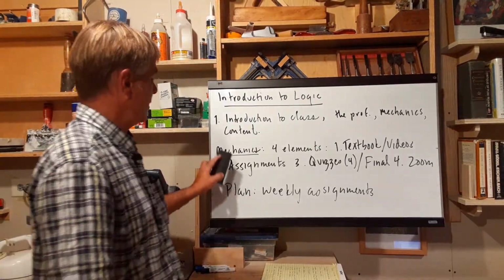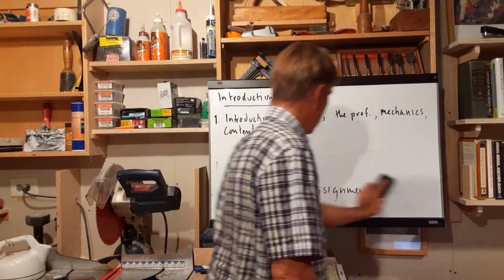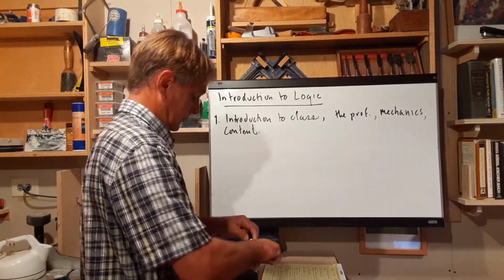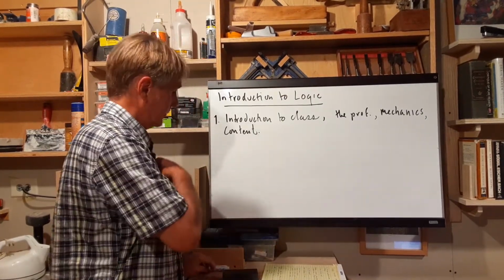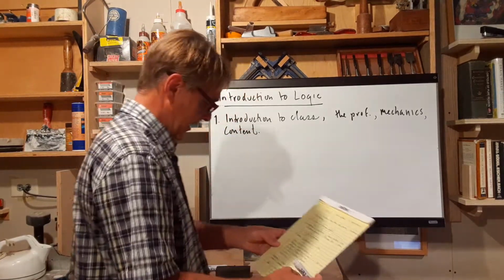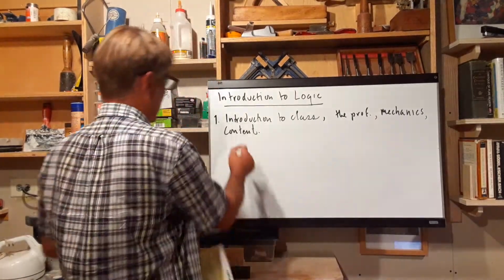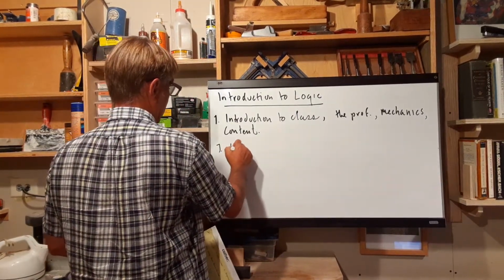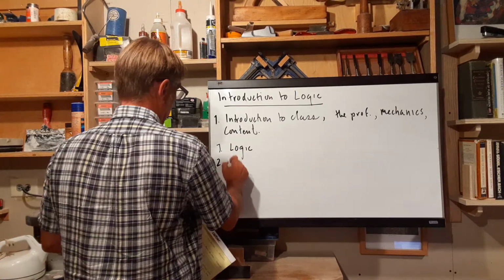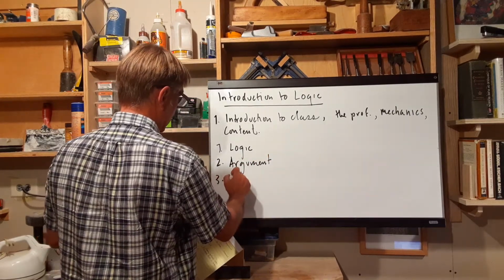So now I want to do a little bit about the content. And like I said, that will consist in a collection of definitions. And I have them written down here. I have 7 of them altogether, which sounds like a lot, but it's really not that much. The first is, what is logic, of course. The second one is, what is an argument? 3 is, what is a statement?